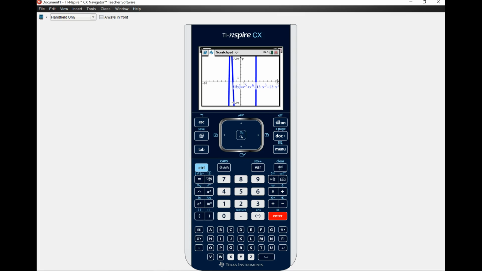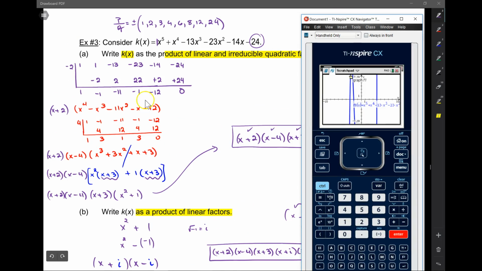That's an inefficient waste of time. I want you to graph it. So you graph this and you look, oh my gosh, there is a 0 at negative 2. Let me start with negative 2. That's how I did it.